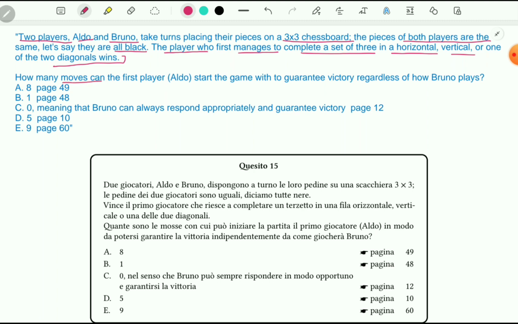How many moves can the first player, Aldo, start the game with to guarantee victory regardless of how Bruno plays?